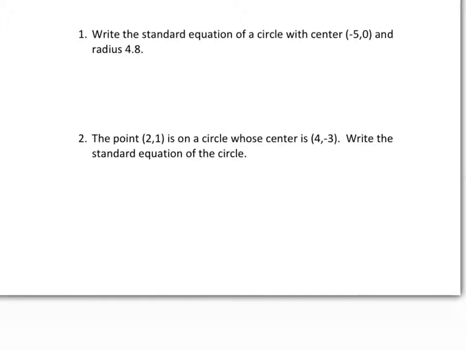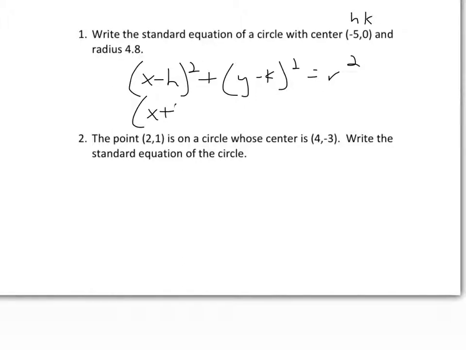We're going to write the equation of a circle with a center -5, 0. So this is h and that's k, and the radius is 4.8. We're going to use this equation: (x - h)² + (y - k)² = r². Now h is negative 5, so we're going to have (x + 5)² in here. Notice, like I said, that it's the opposite.